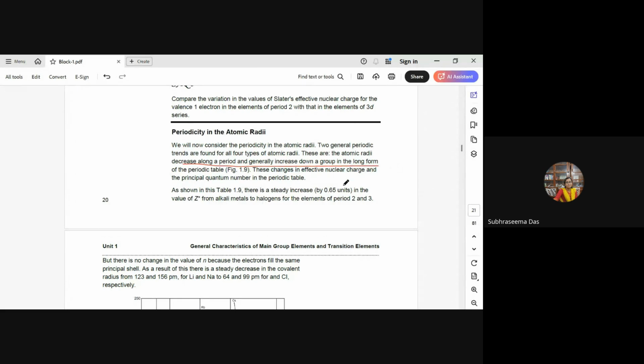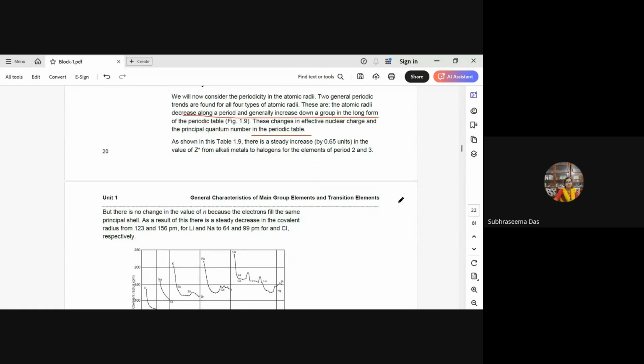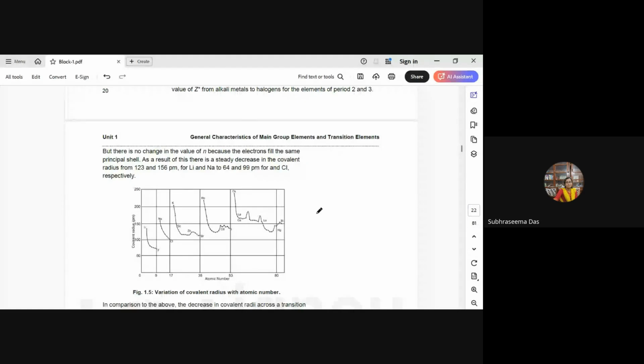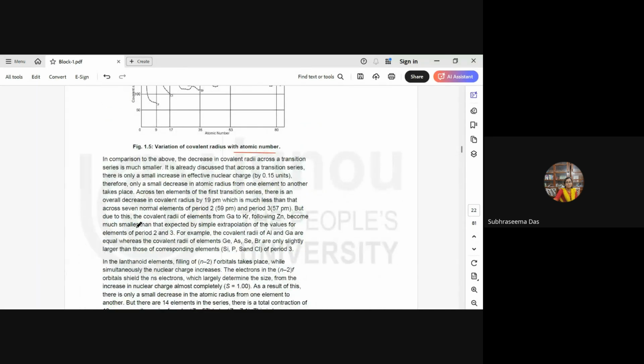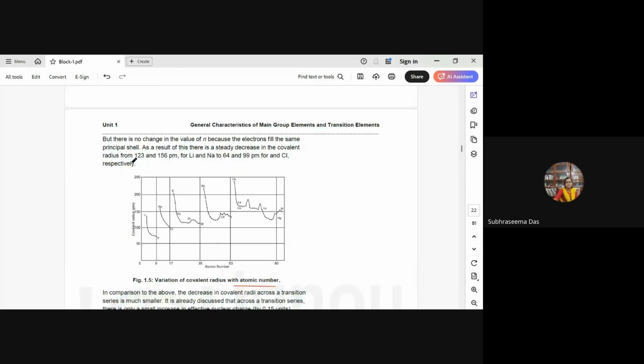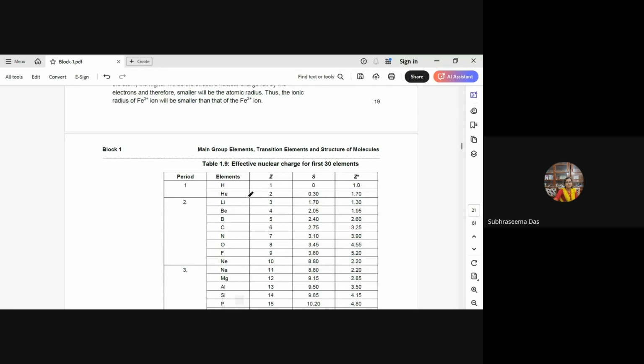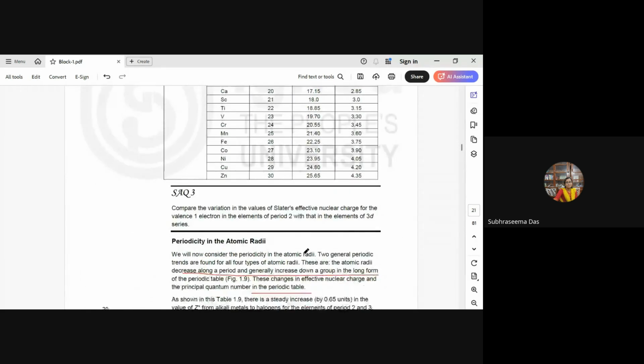These changes in effective nuclear charge and the principal quantum number in the periodic table also influence the atomic radii. The periodic variation of covalent radius with atomic number has been shown graphically here. When we look into table 1.9, the different Z star values are shown.